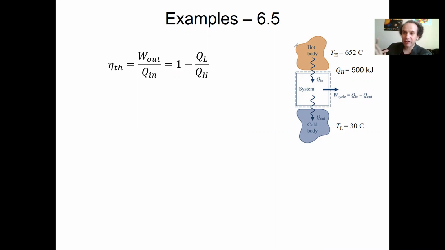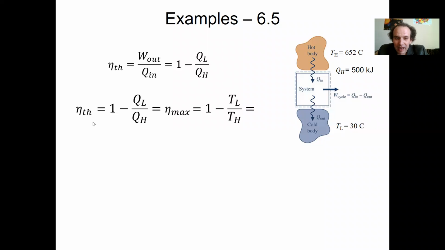I have a happy family, and all happy families are ideal. So I will compare it with Carnot efficiency. So now I'm lucky. I know that I have one more equation. What do I know here? I know that my efficiency is equal to the maximal. Okay, so now I have this equation, and with this equation I will know everything. So my maximal efficiency is equal to what? It is this formula. Can I calculate it from here?